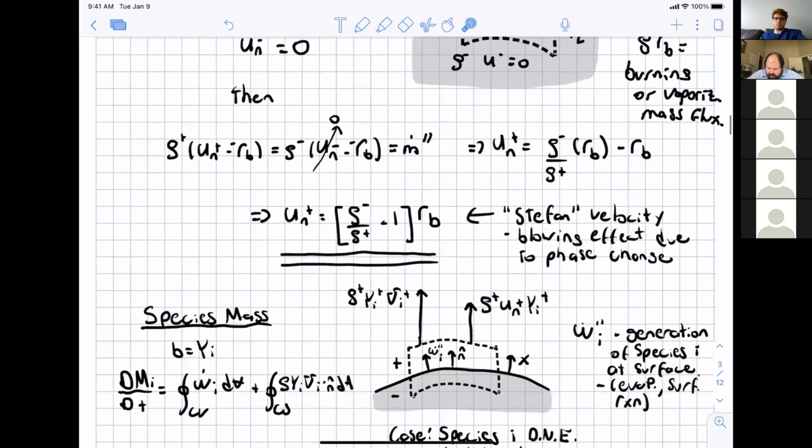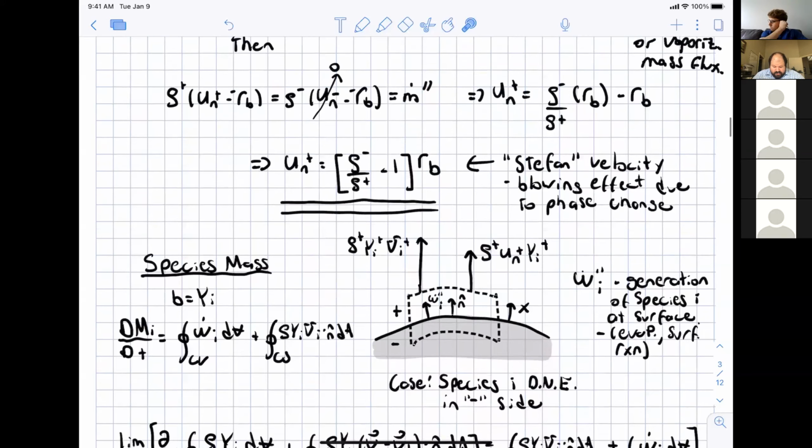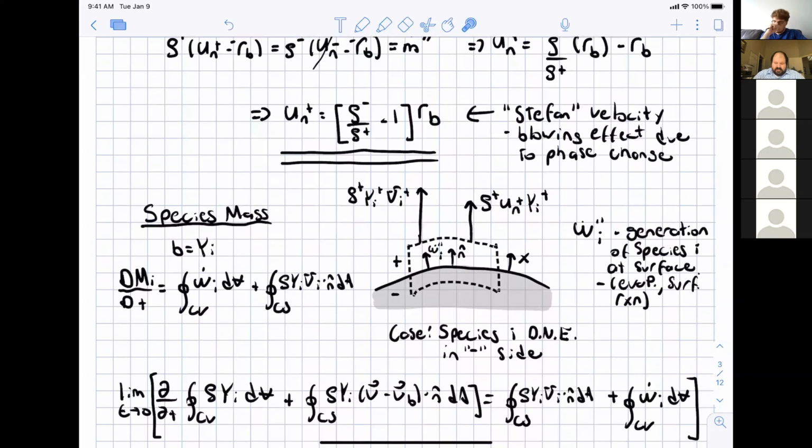Yeah. So now we've done conservation of mass. I've done an example with that. And species mass is probably one of the more tricky equations to work with. So for species mass, we have our B parameter equal to yi. But now in our conservation law, the right-hand side was not equal to 0 like it was for mass, because recall for conservation of mass, we had dm dt equals 0.